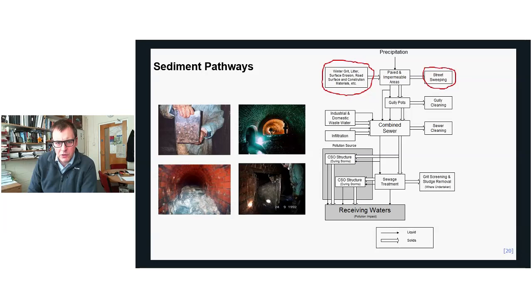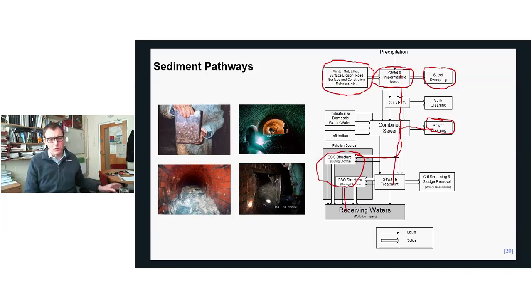But if that's not happening properly, then you will get material moving from the catchment surface, almost inevitably, along with flows into your gully pots, into your combined network, and then onto treatment, hopefully. Some of that sewage might be removed via sewer cleaning, or if you're unlucky, some of those solids will make their way out via your CSOs and end up straight into the receiving water.